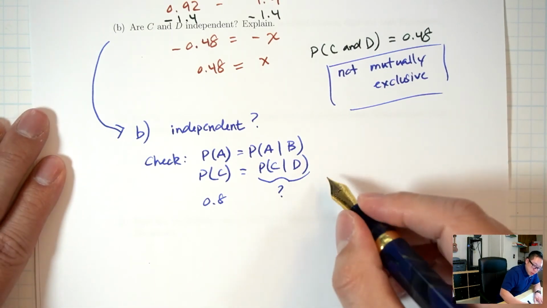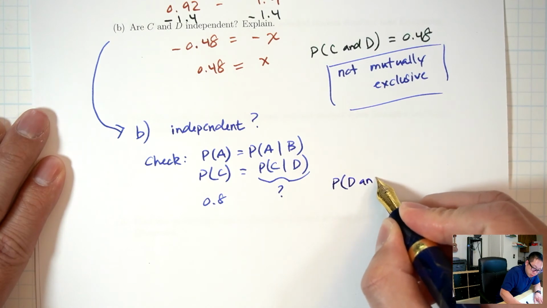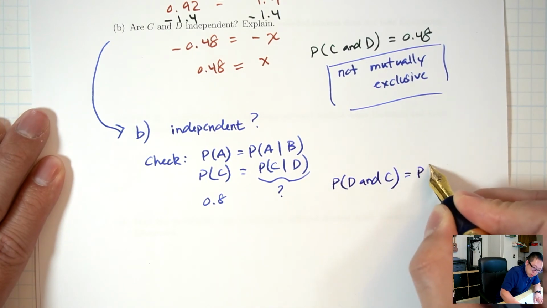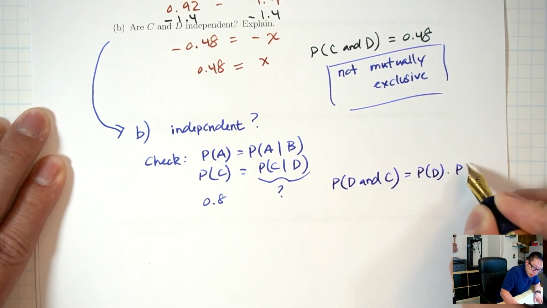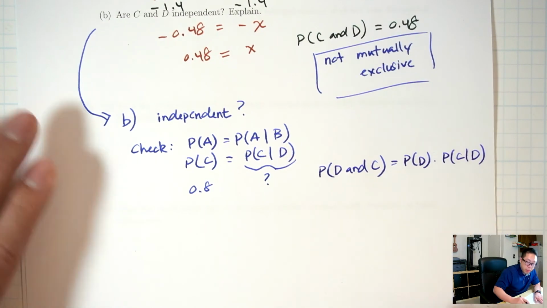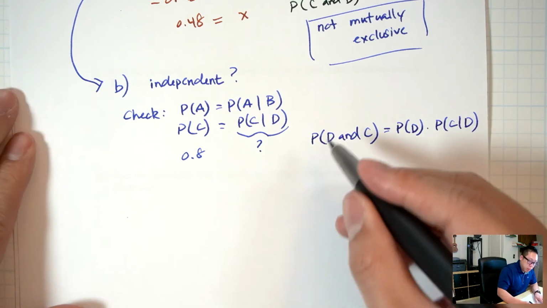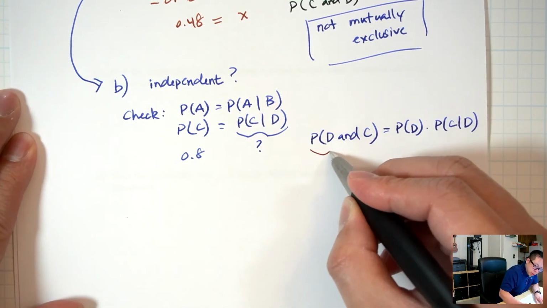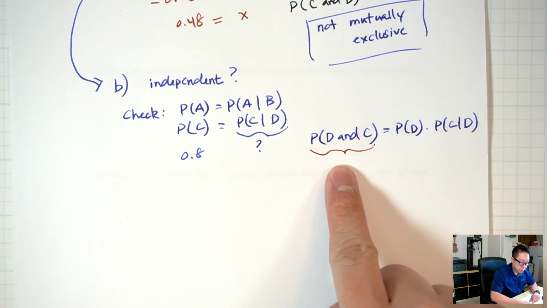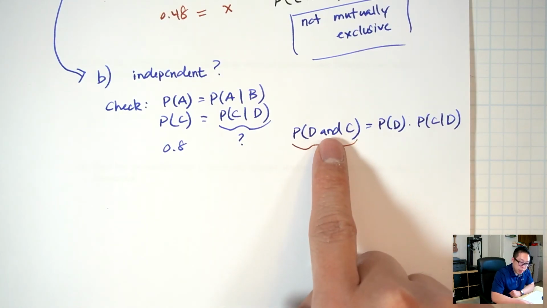So let me rewrite equation 3. So equation 3 is probability of D and C is equal to probability of D times the probability of C given D. And then go through and fill in what you know. D and C. Do I know D and C? Yes, right. D and C, remember for and, the order doesn't matter.